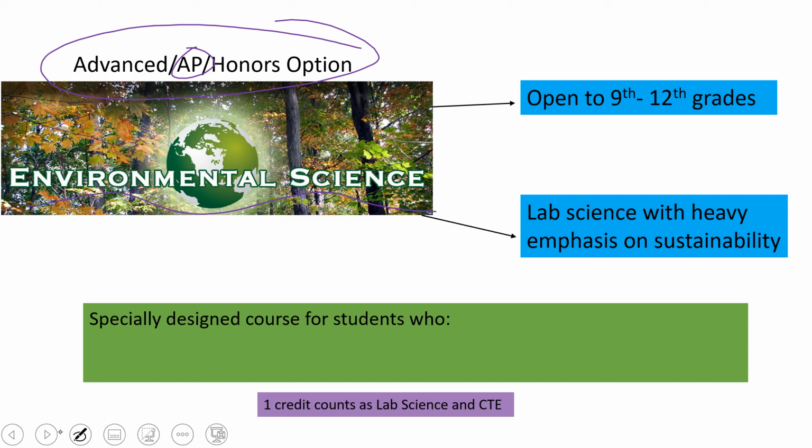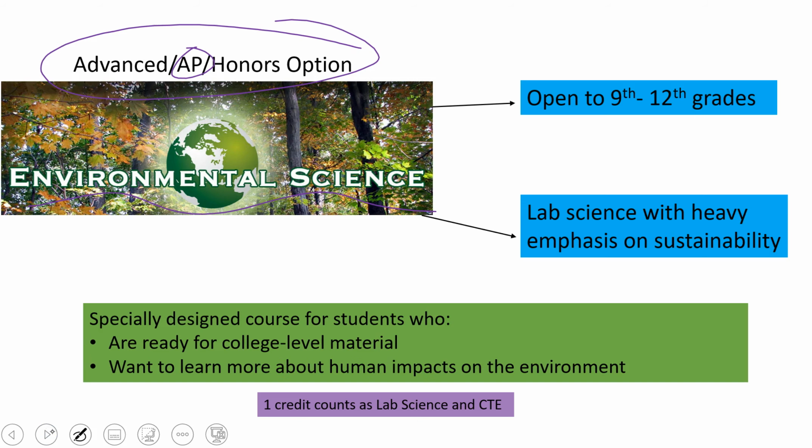Now, this course is specially designed for students who are ready for college-level material when they walk through the door, and students who are really interested in learning more about human impacts on the environment. And like physical science and agriculture, it is a 1-credit class that counts as both a lab science and a CTE.